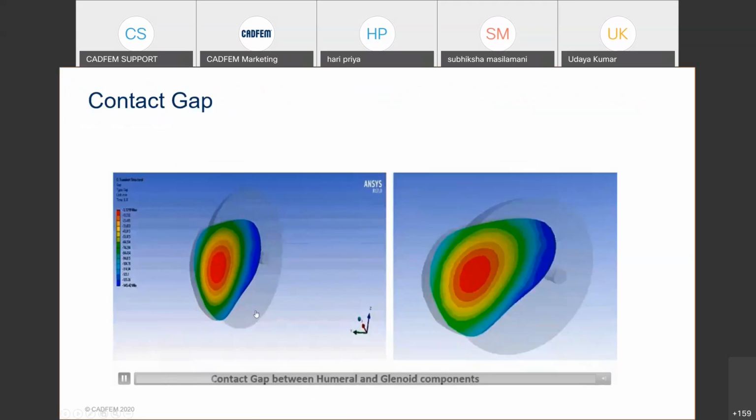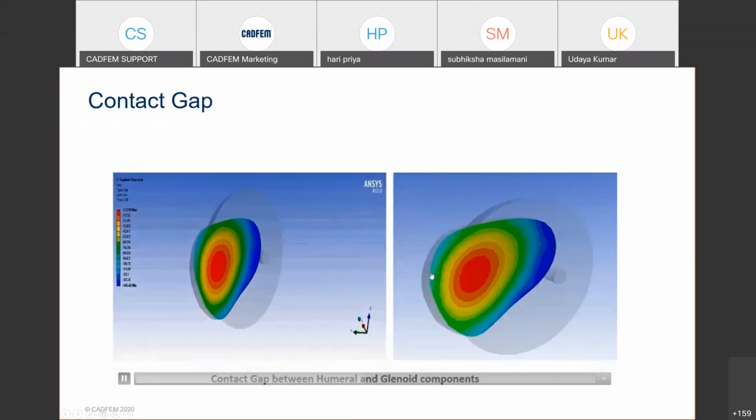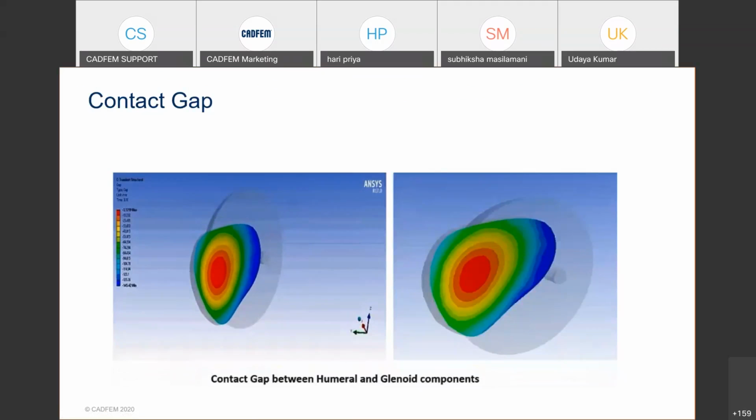Now, one more important thing that researchers look for is the contact gap, which is how well the contact is taking place. The contact gap gives a better understanding of the lubrication.